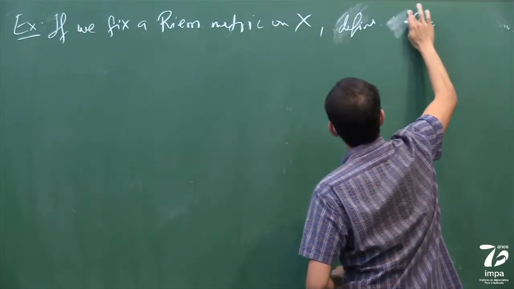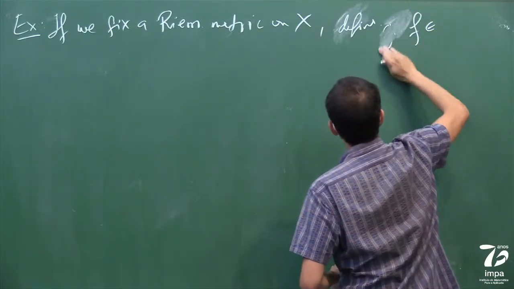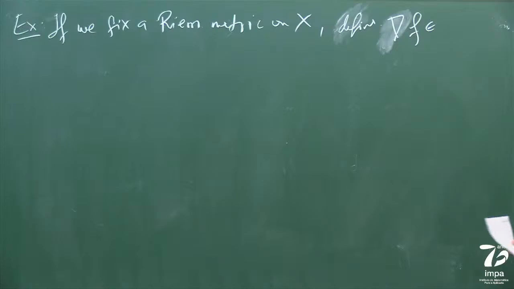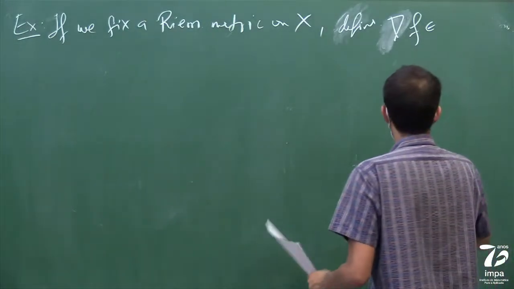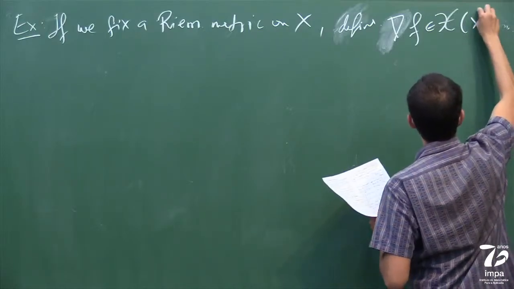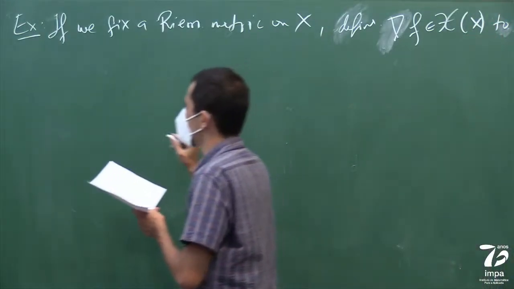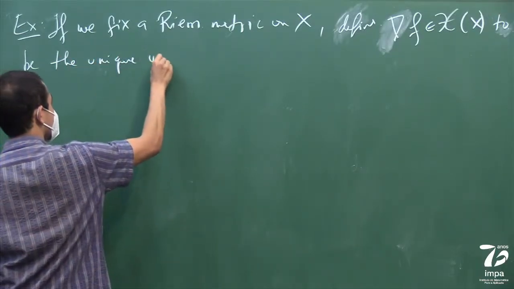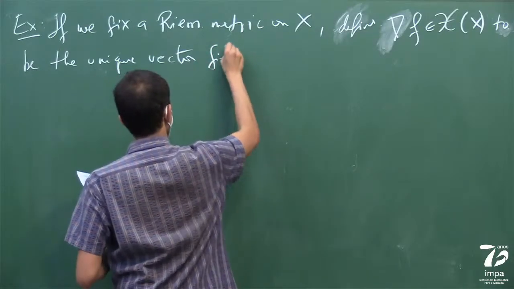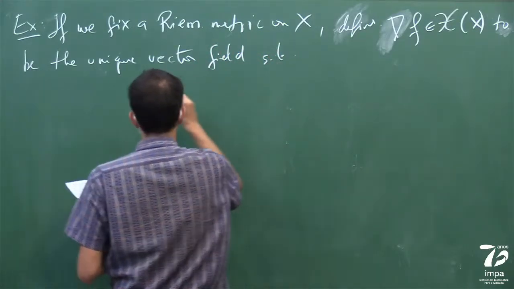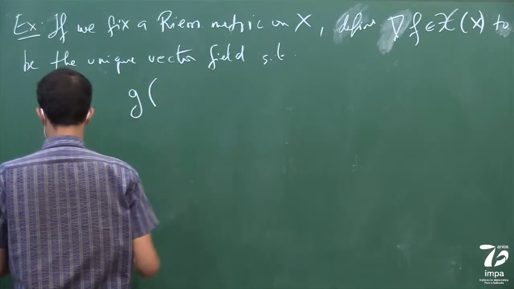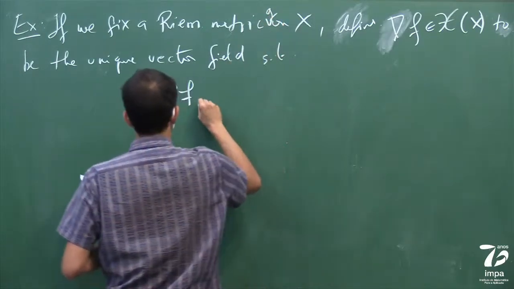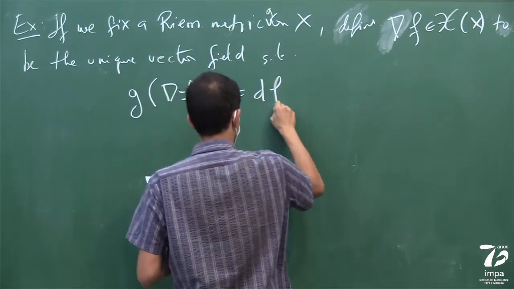In Riemannian geometry, people like to keep nabla for connections, but we're not doing Riemannian geometry, so I'll write grad. I'll define the gradient to be the unique vector field such that, with G the Riemannian metric, G of the gradient and any vector is the same as df.